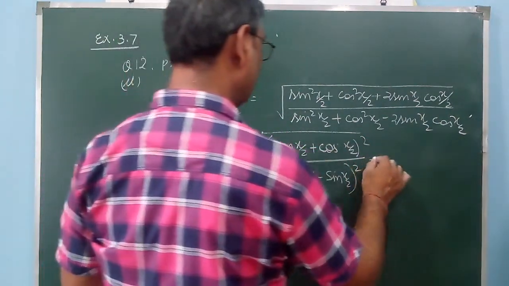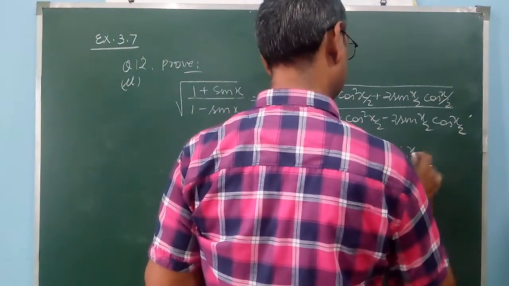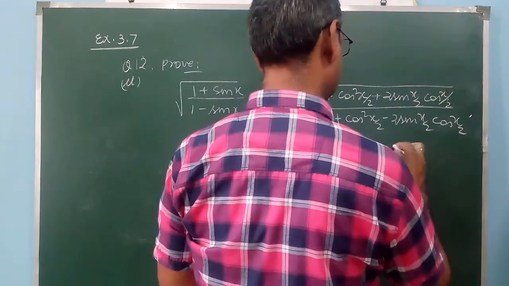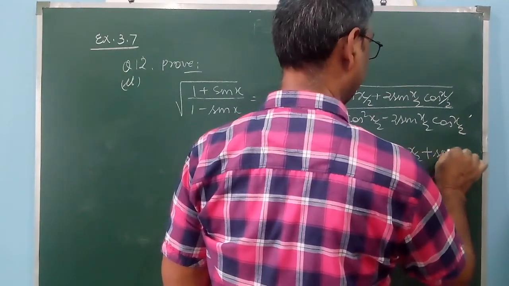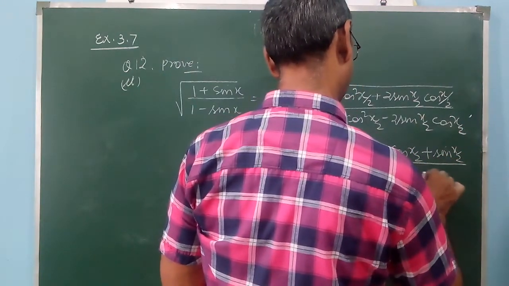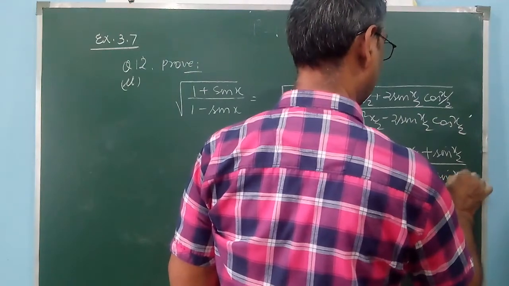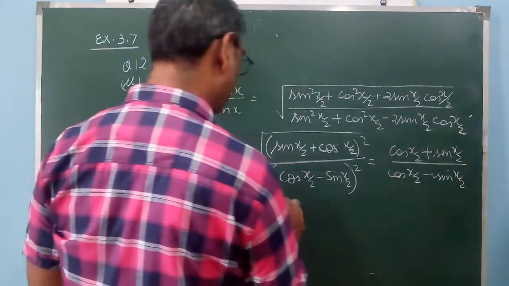Now this square root will go and we will be getting, or write it like this, now divide the numerator and denominator by cos x by 2.